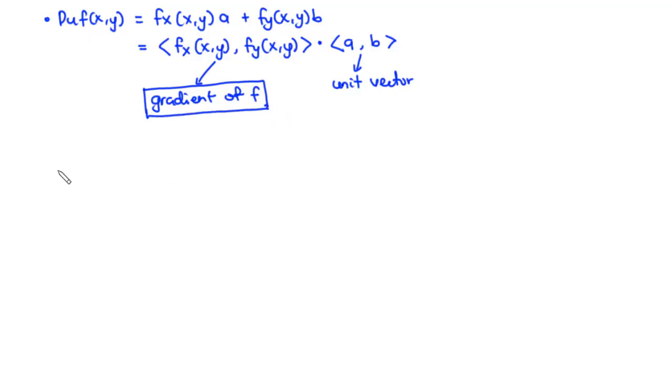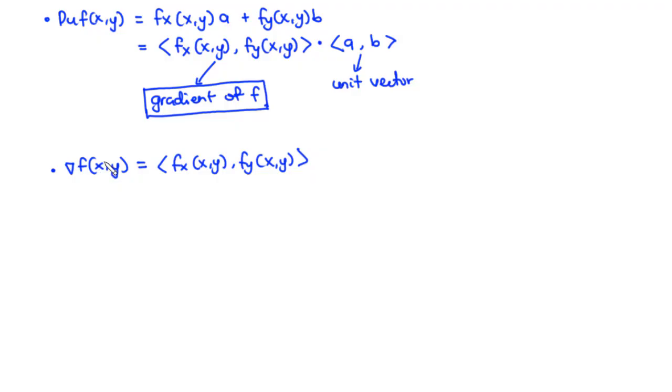So given that f is a function of two variables, the gradient of the function is simply a vector function, and it is given by the vector which has components f_x(x,y), comma, f_y(x,y).